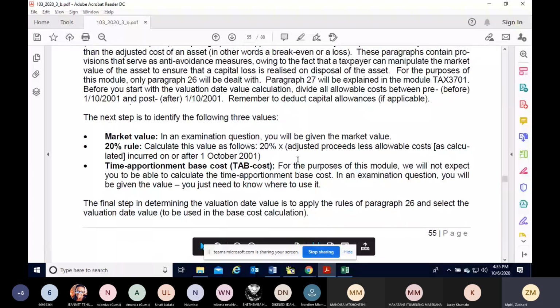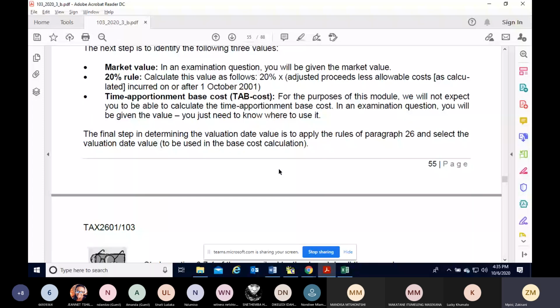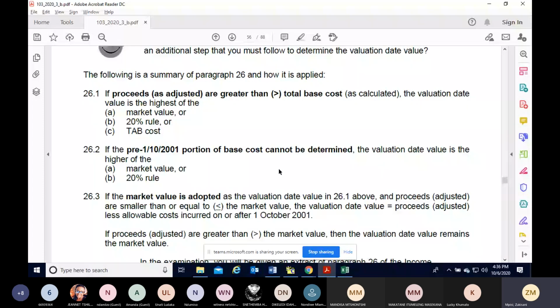So in terms of the valuation date value, you'll be given the market value. The 20% rule will be 20% multiplied by adjusted proceeds, less allowable costs, and you will be given the time-apportioned base cost as well. So you will not need to calculate them. These paragraphs, you will always be given them as well.